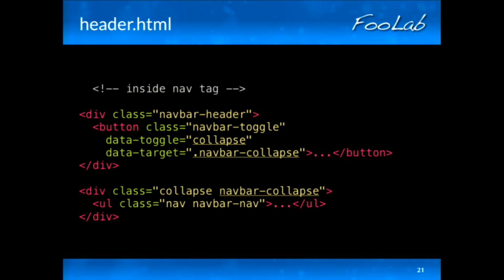Now inside the navigation bar, you also have a lot of Bootstrap classes that you can use. You can use a header and the actual menu that will be collapsed. So the menu button, when it's visible, is going to be a button with a certain class. What you need to worry about is specifically the parts that are underlined.